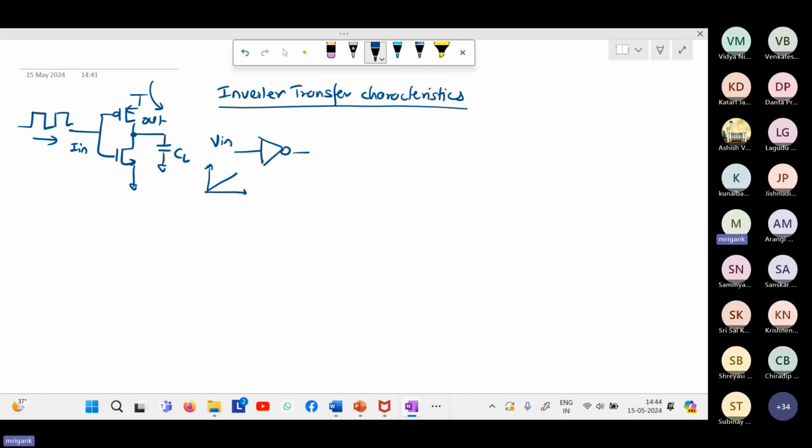It is something like putting a DC source here, VDC, and ramping this VDC from 0 to VDD in some time t. And for each value of the input, we try to see the output. So how will we plot this?